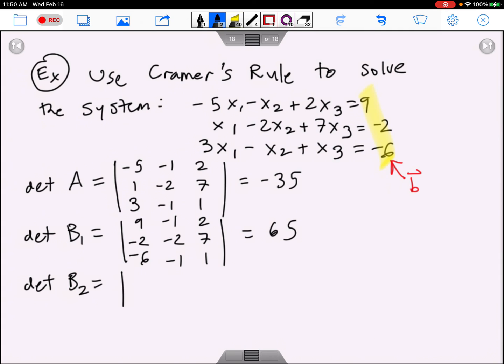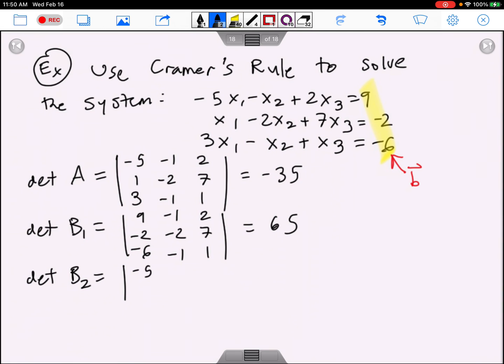Now we're going to do the determinant of B2. This means take matrix A, but replace the second column with B. So it's going to be -5, 1, 3, 9, -2, -6, and 2, 7, 1. If you do that determinant, you get -20. And then finally, the determinant of B3.